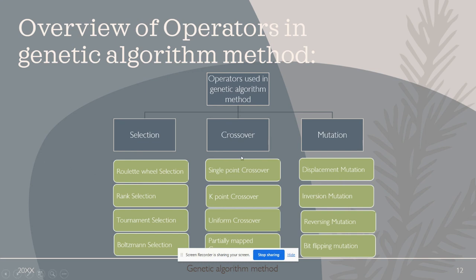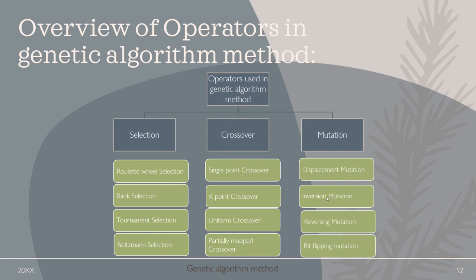In crossover, there are four types. In single point crossover, we do crossover at a single point. In k point crossover, we do the crossover operation at k points. In uniform crossover, we do crossover at every point. In partially mapped crossover, we do crossover only at a few points.